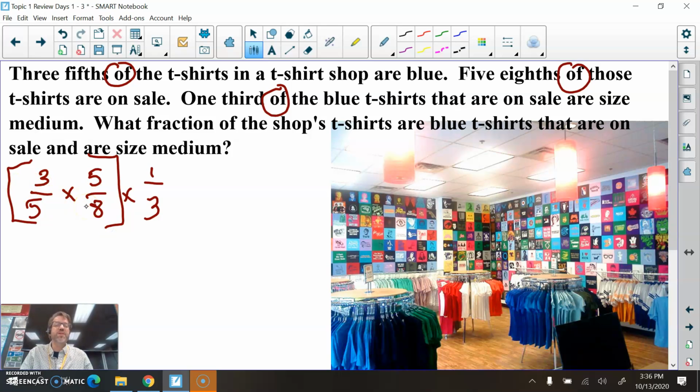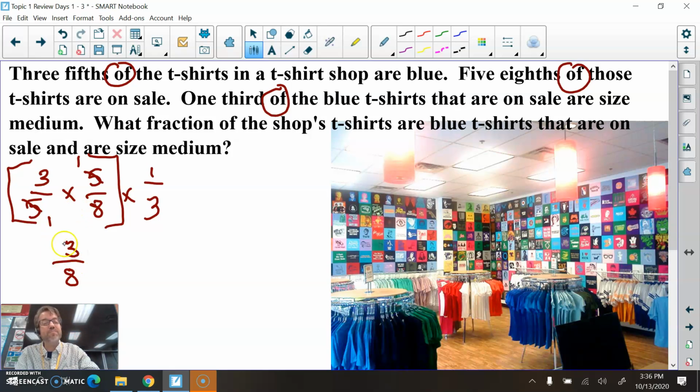We'll just do these first because it's the first two that are listed here. And I can do some simplifying. I see the 5s here actually cancel out. So I have 3 times 1, which is 3, over 1 times 8, which is 8. So 3/5 times 5/8 is 3/8. Okay?